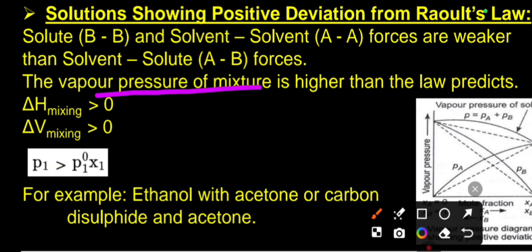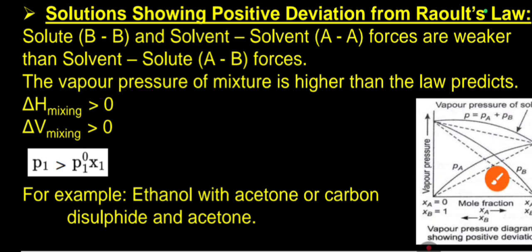In positive deviation, total volume will increase, and the total change in enthalpy will also be positive. So why is it positive? When volume increases, the escaping tendency increases. If the escaping tendency increases, then the forces of interaction will be less, and the partial pressure will also increase.